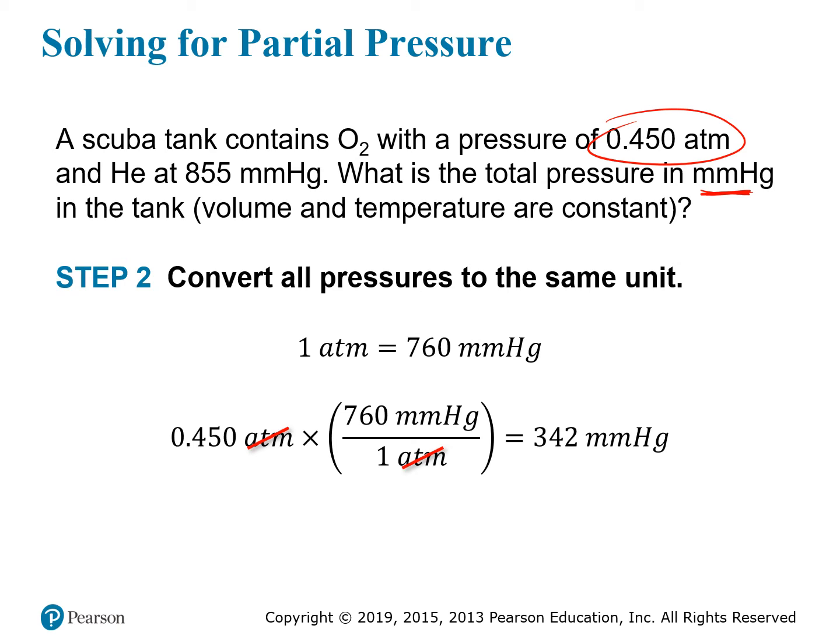So the next step is to convert all pressures to the same unit. So 1 atmosphere equals 760 millimeters of mercury. That means 0.450 atmospheres multiplied by 760 millimeters of mercury per 1 atmosphere will give you an answer of 342 millimeters of mercury. Okay, the atmosphere unit's going to cancel out and we'll be left with millimeters of mercury. So this is going to be our partial pressure of oxygen in the correct unit.